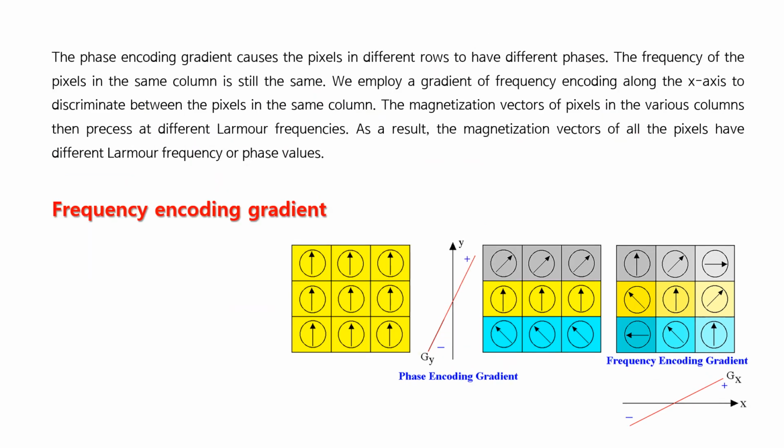The phase encoding gradient causes the pixels in different rows to have different phases. The frequency of the pixels in the same column is still the same. So this column, the same frequency.